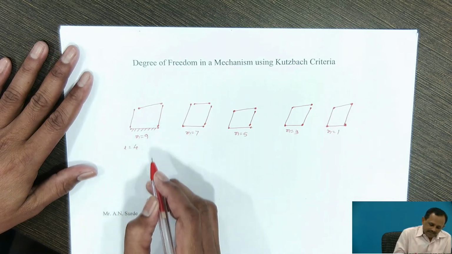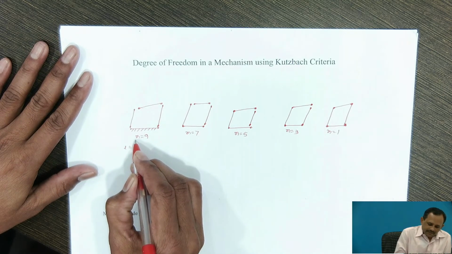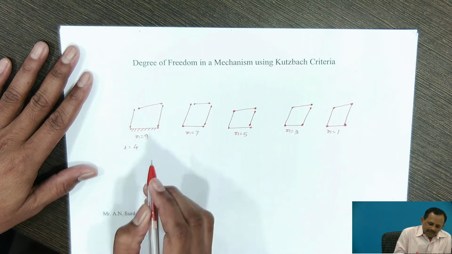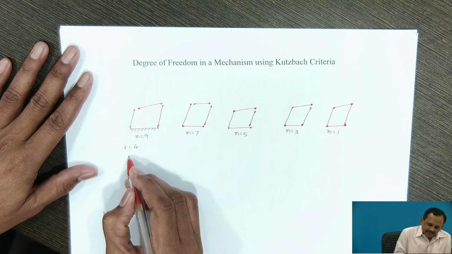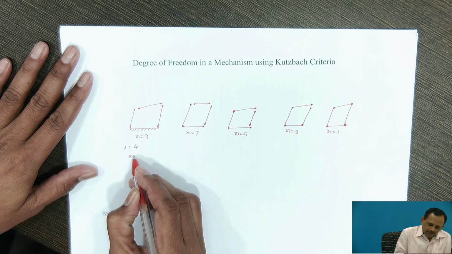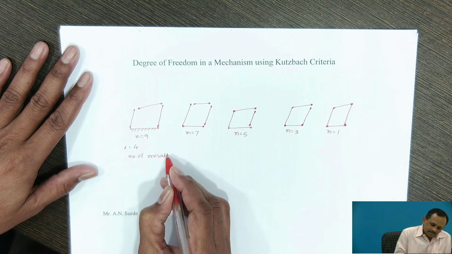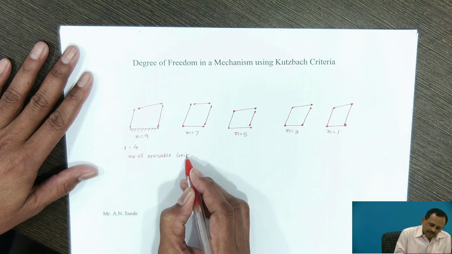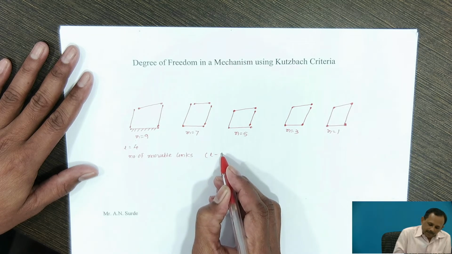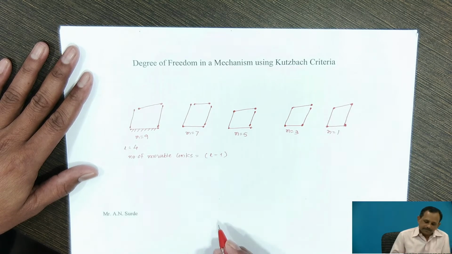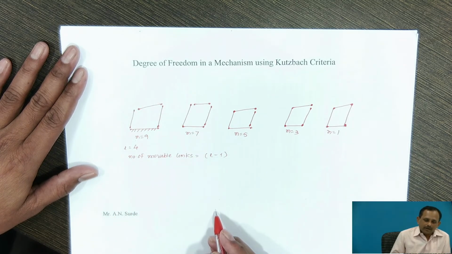Therefore, in this case the number of movable links is 3. The number of movable links is L minus 1.